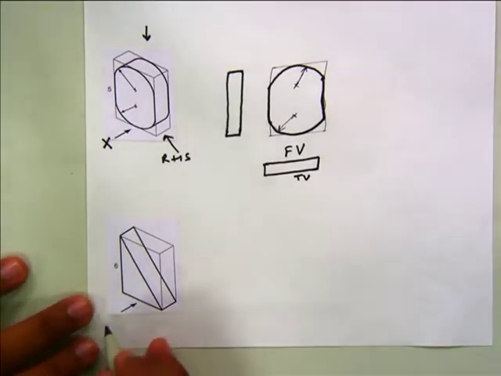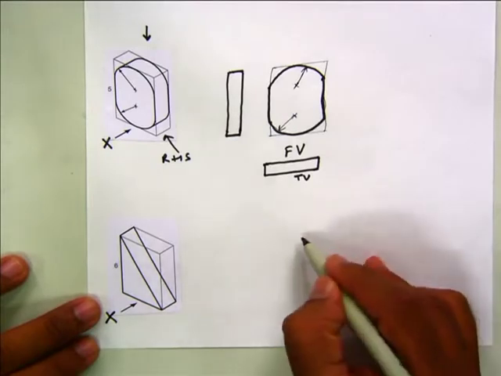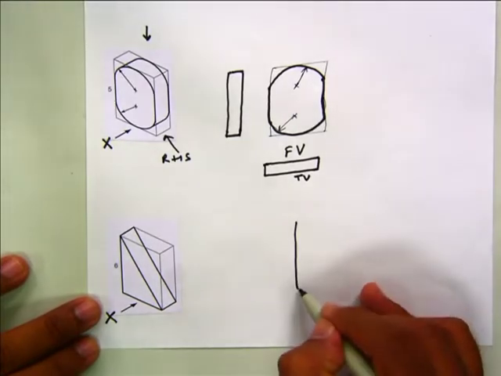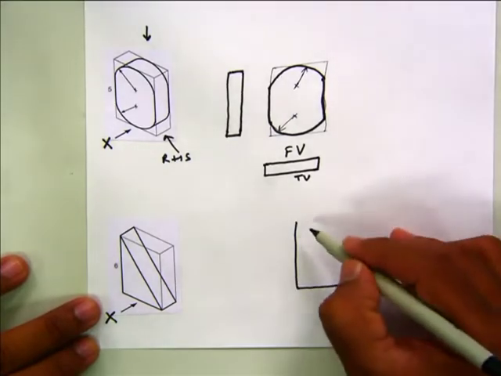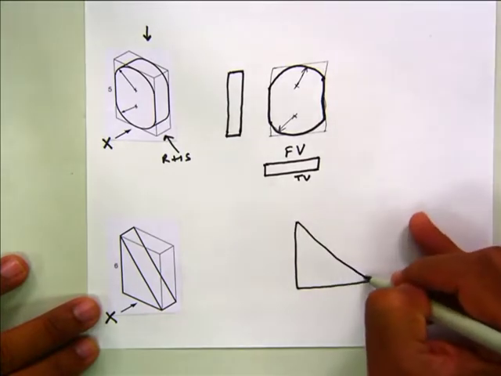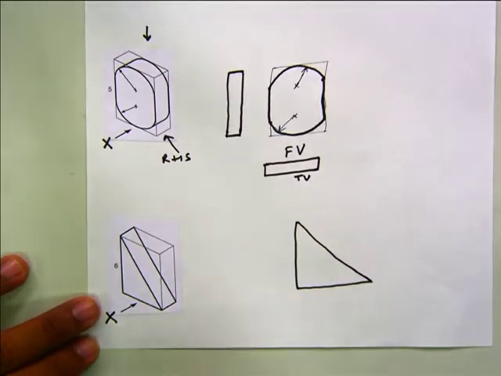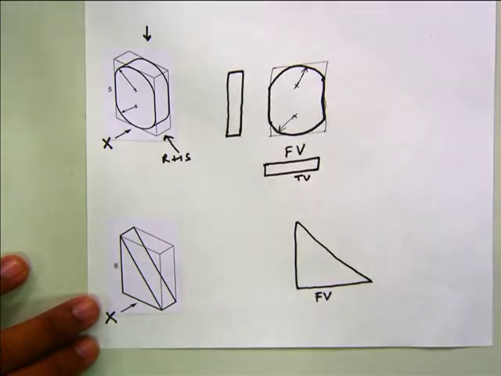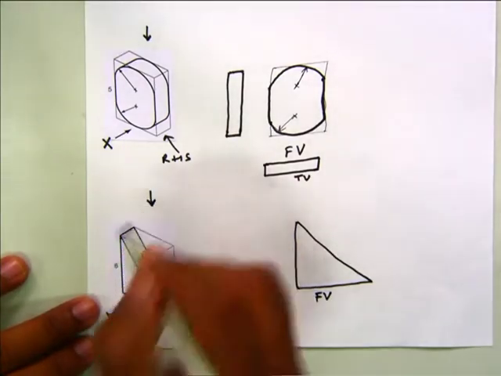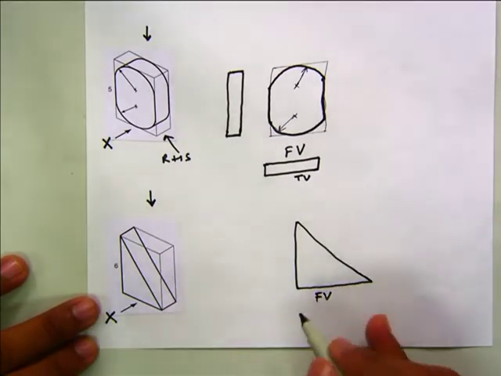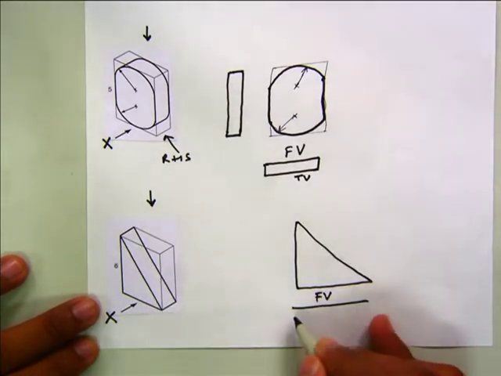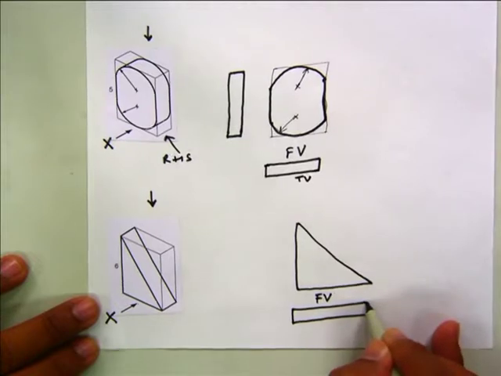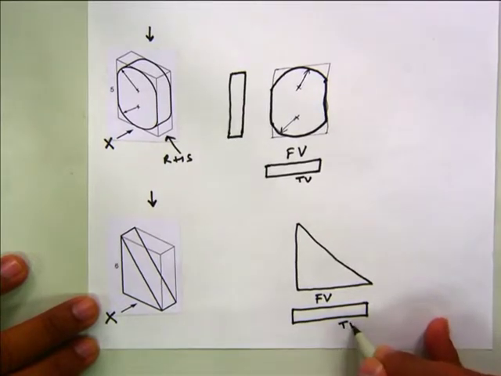When you are viewing from X, you will have a front view like this. This is your front view. When you are viewing from the top, this is your top view.